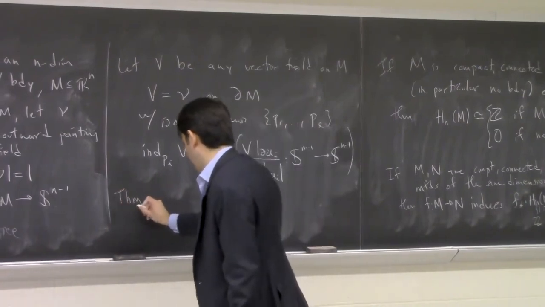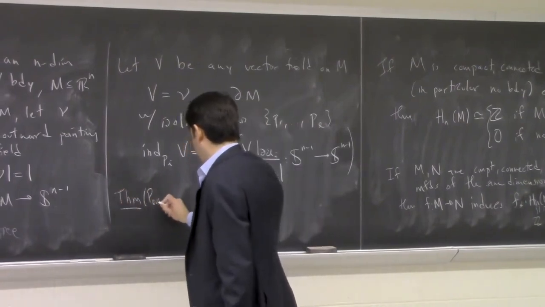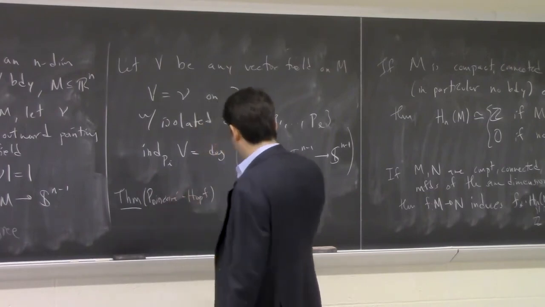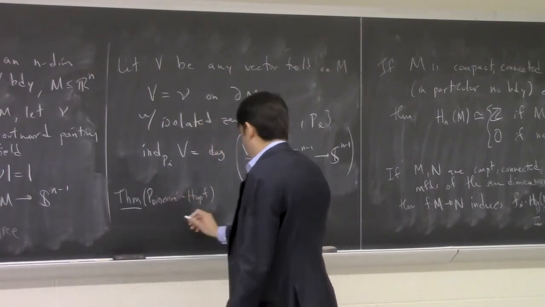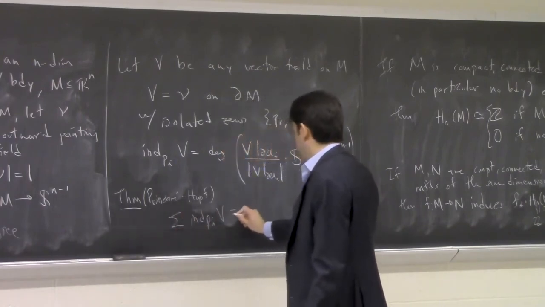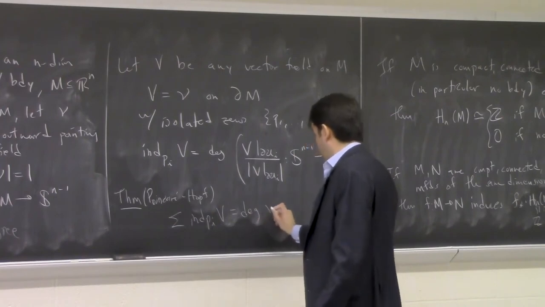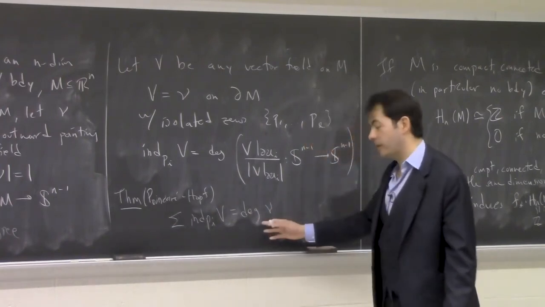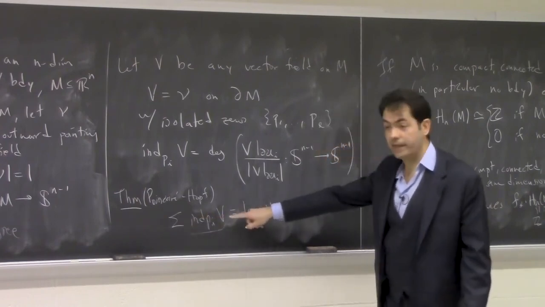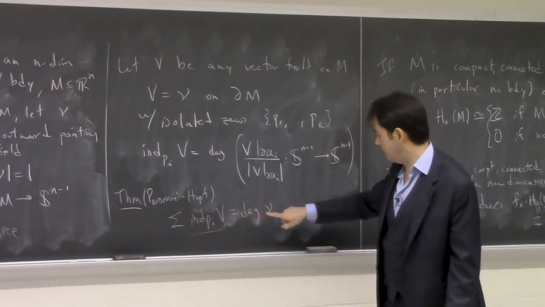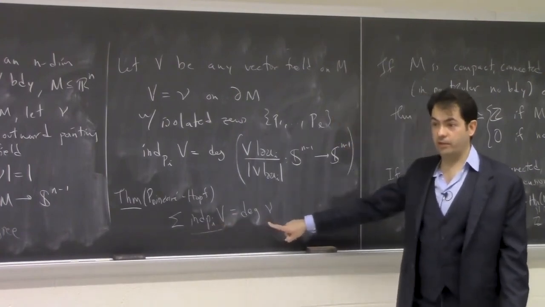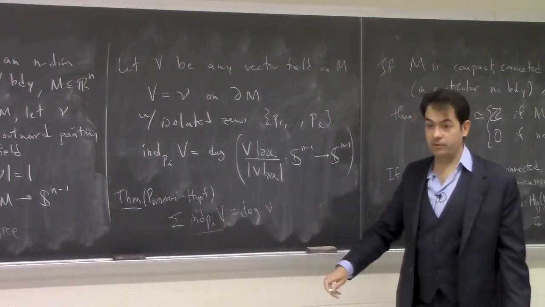So here is an awesome theorem: Poincaré-Hopf. The sum of these indices is equal to the degree of nu. That's already really cool because it tells you that it doesn't matter which vector field you pick, you get the same sum of the indices. It's always equal to the degree of the outward pointing vector.